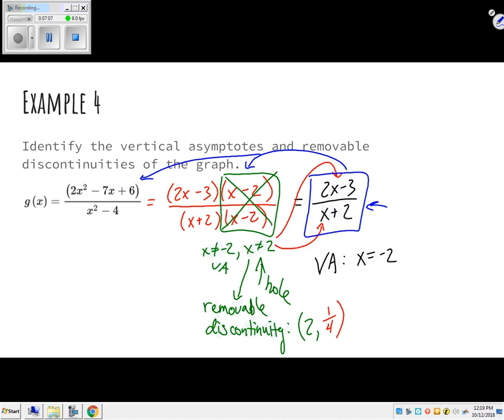I'm originally trying to graph this g of x up front. That does have a hole right there. So they're very similar graphs, except for this g of x up front, he has a hole at 2, 1/4. While this 2x minus 3 over x plus 2, he does not have a hole. So we can use that to help me graph. More will come on that with video 3.